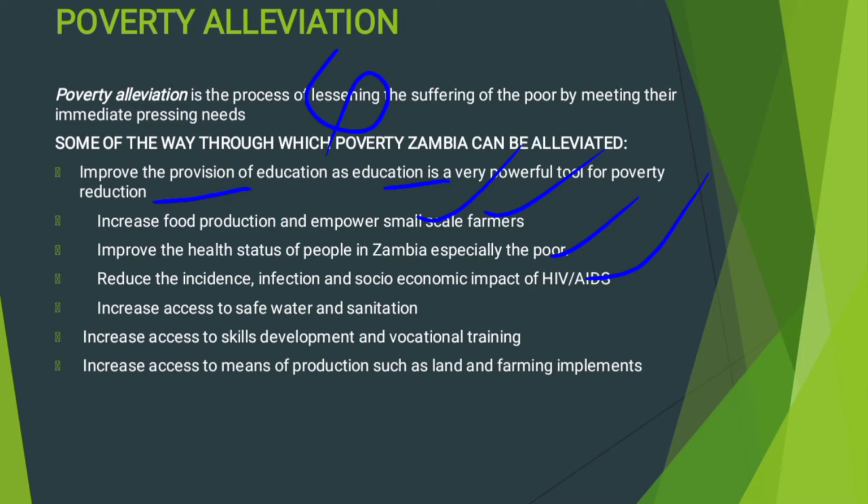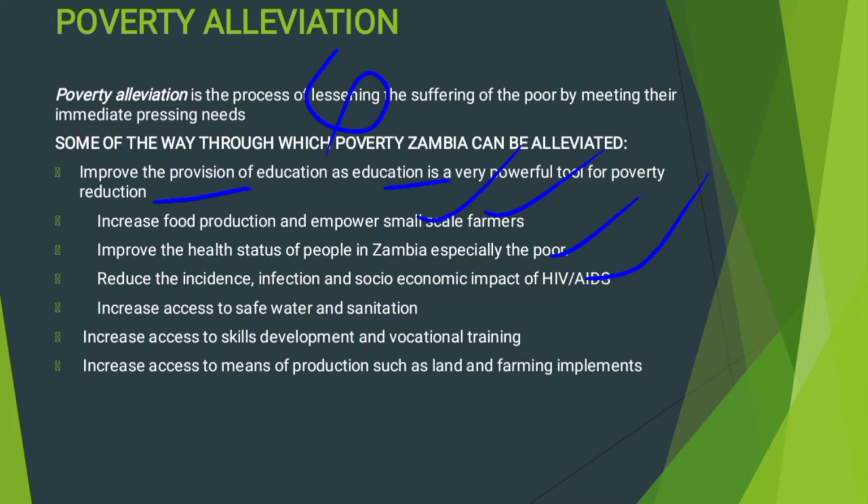So when you try to get rid of poverty, you need to fight this thing called HIV and AIDS, because it is capable of killing both parents at the same time and leave children as orphans. Hence, poverty has entered that family. You see? So HIV and AIDS is very dangerous. So when you try to get rid of HIV and AIDS, definitely poverty will be alleviated.